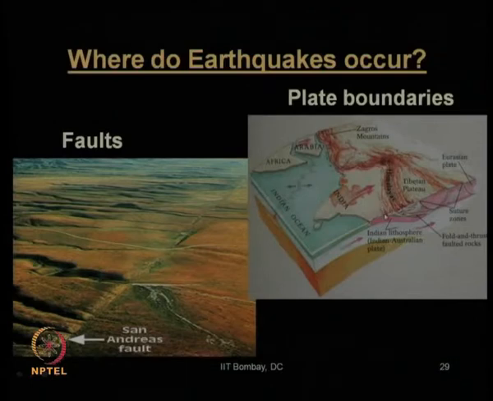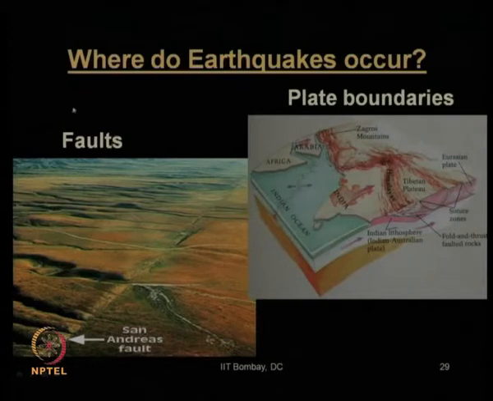That is the reason why this Himalayan belt has more occurrence of earthquakes, as I have shown in one of the figures earlier, that most of the earthquakes in India and the Indian subcontinental region are clustered in the Himalayan region, whether northern India or northeastern India. The major reason is the plate tectonic movement of the Indian plate and Eurasian plate.